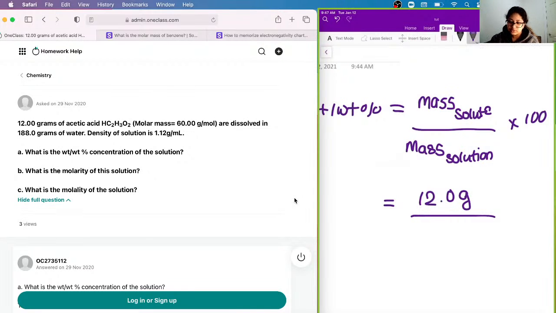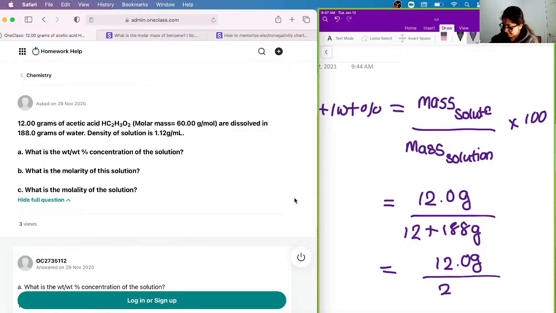And the mass of the solution, as you can see, it's 188 for water, and since the solution contains water and acetic acid, you would have to add the 2 masses together to get the mass of your whole solution. So in this case, it would be 12 plus 188. And so we have 12 over 200 multiplied by 100.